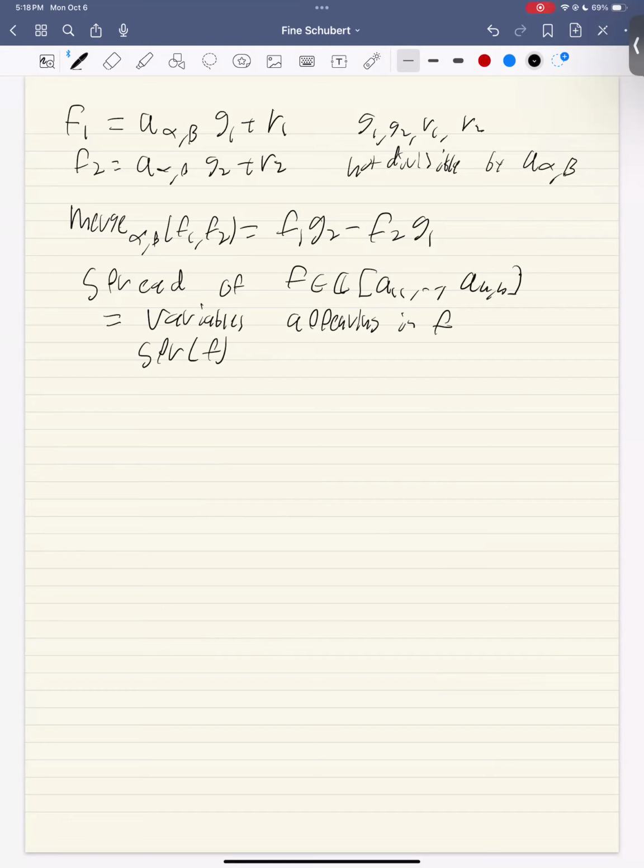The property of this merge is that the spread of the merge of f1 and f2 is contained in the union of the spreads. So you don't introduce any variables that didn't appear in either f1 or f2, but the variable A alpha beta no longer appears in the merge, and so you've eliminated that.